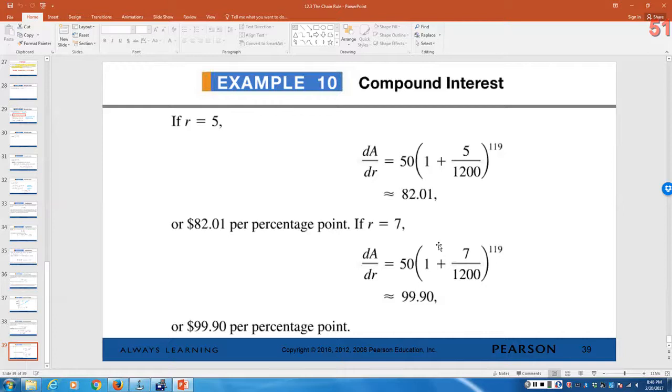I'm sure at this point your brains are about fried. That's the last problem for that section. So we are finished with 12.2 and 12.3, and we will do 4 and 5 next time.